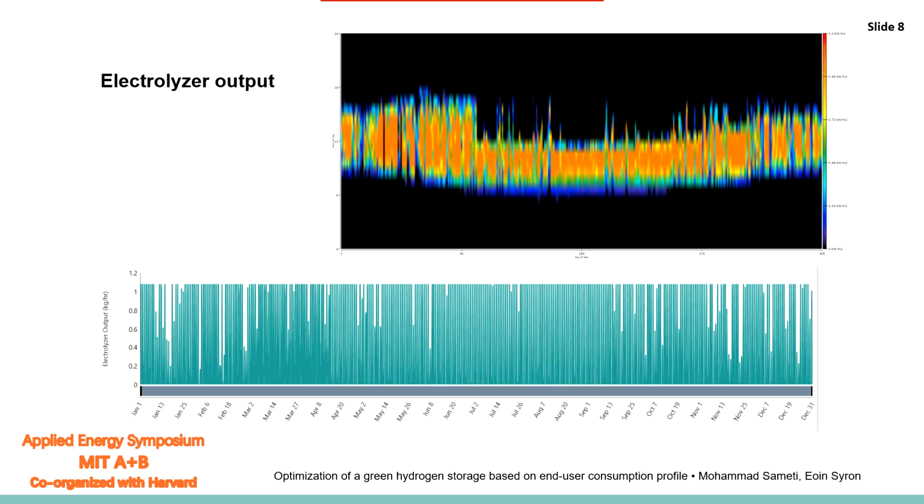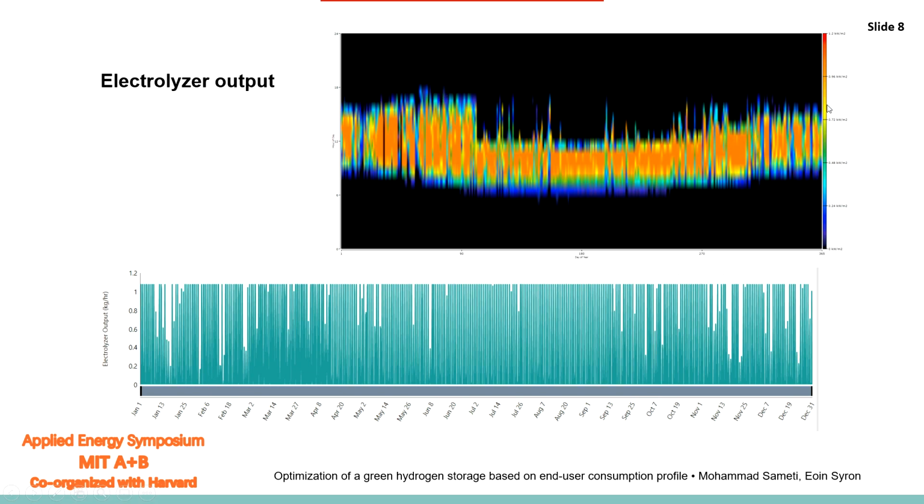Then if we look at the electrolyzer output, we see that not all of the time the electrolyzer is working at its full capacity according to this graph. But in this period, we see that most of the time the electrolyzer is working at its maximum level.